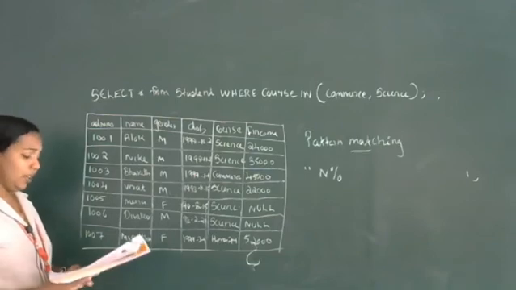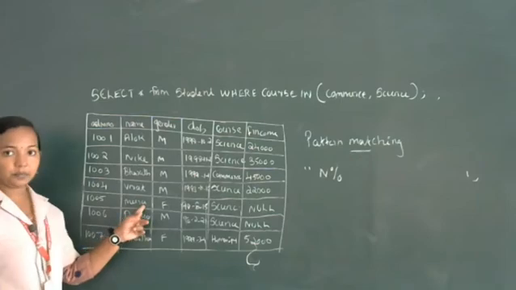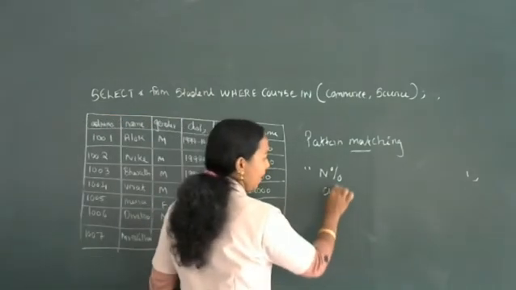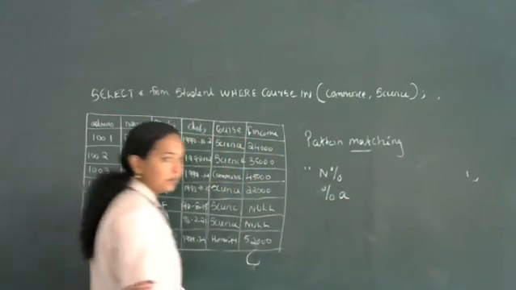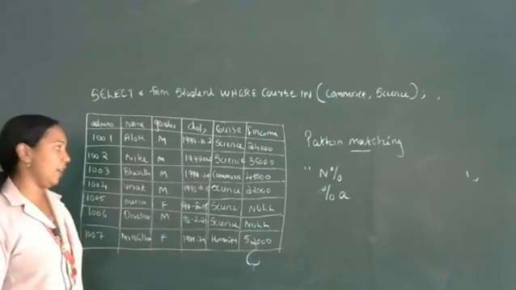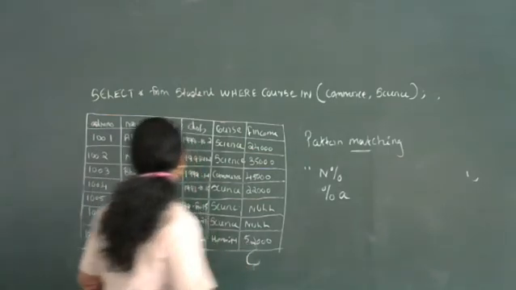Next, suppose you want to display the names that end with A, just the opposite. Percentage of A. Then the names that end with A will come. The next one: suppose you want a pattern of characters somewhere inside.